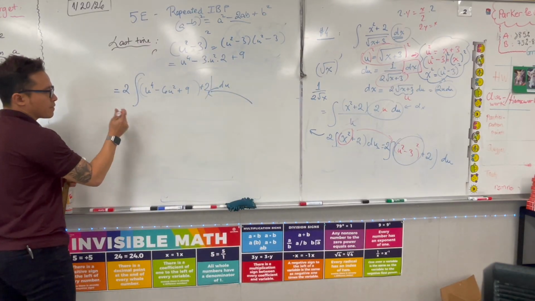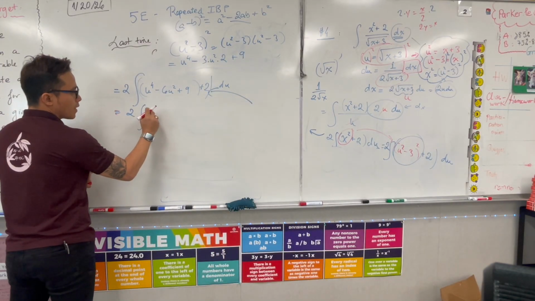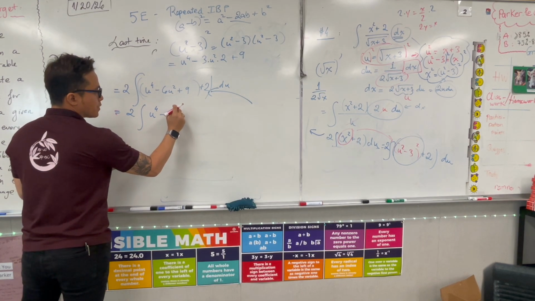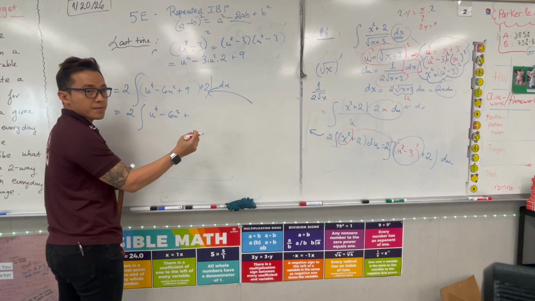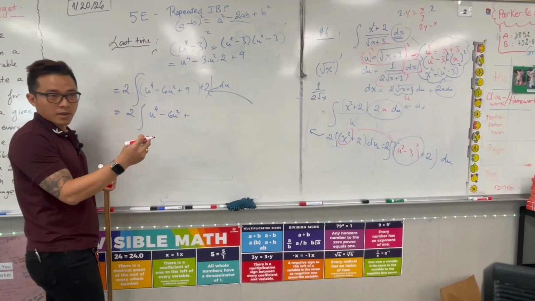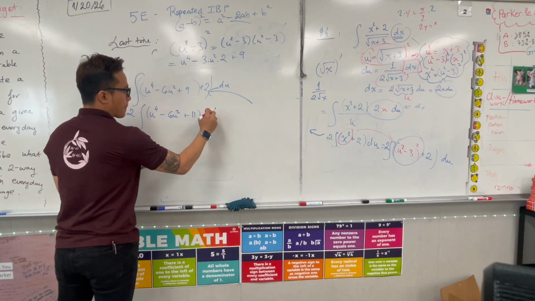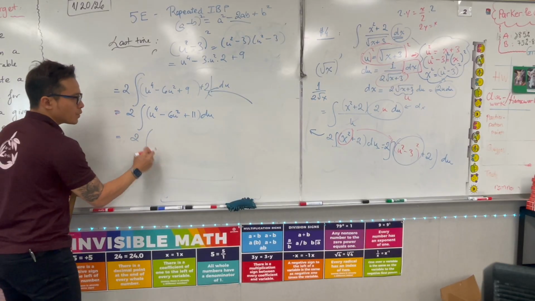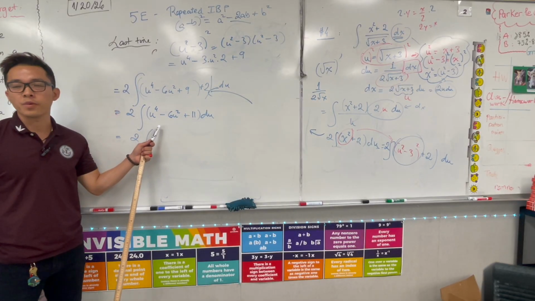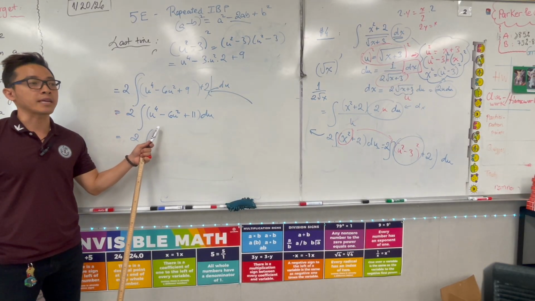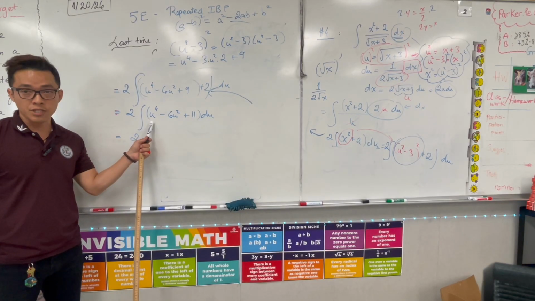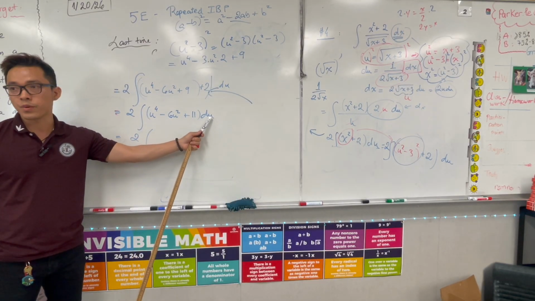Alright, simplify this. u to the 4th minus 6u squared plus, not 9, 11. Oh, plus 2. Okay, 2. Now, can we take the integral? Yes, because this is u and this is also du.